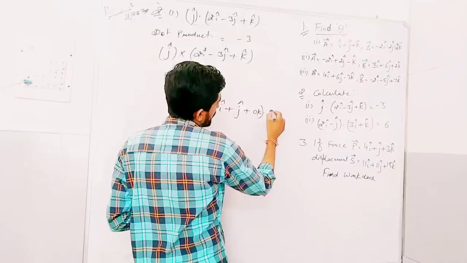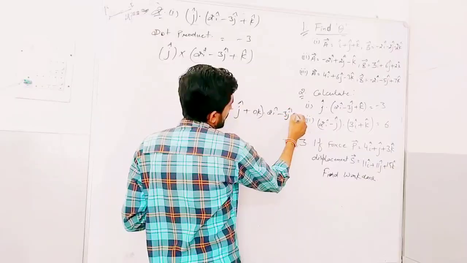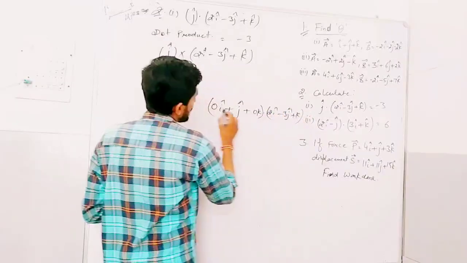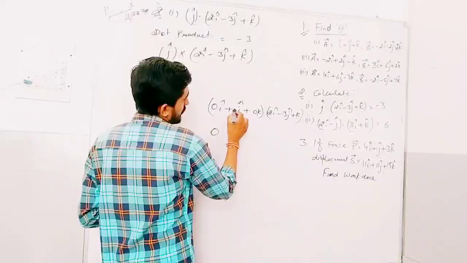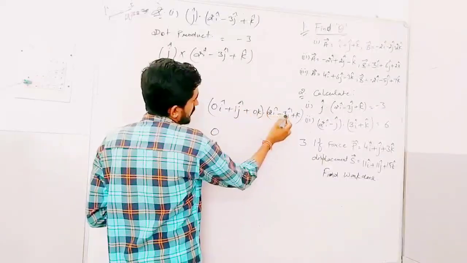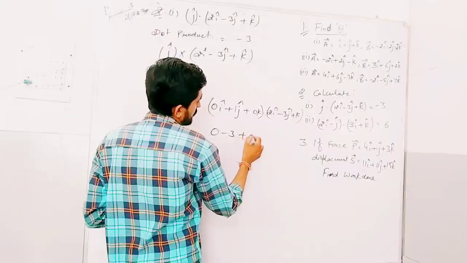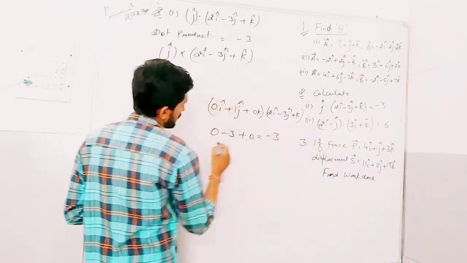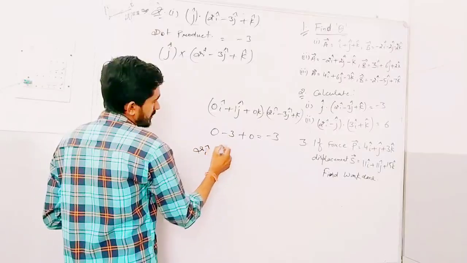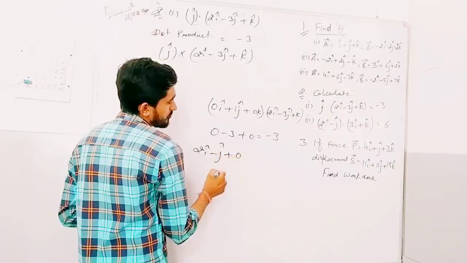Then dot product with 2i cap minus 3j cap plus k cap. 0 into 2, 0. We have 1 into minus 3, and 0 into k, 0. Then we will get the answer minus 3. Similarly in this part also, minus j cap, but k cap is 0.